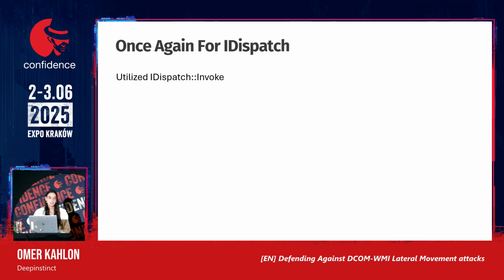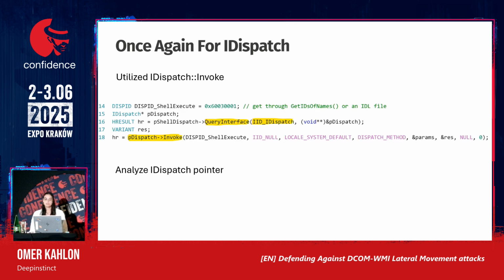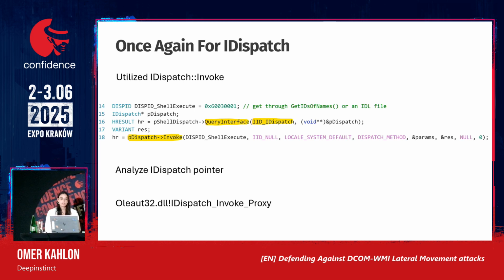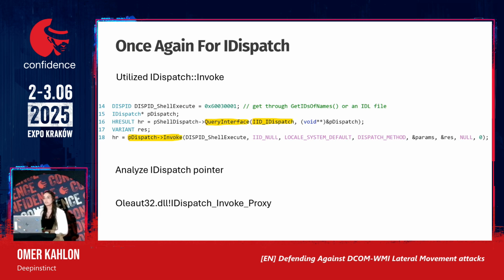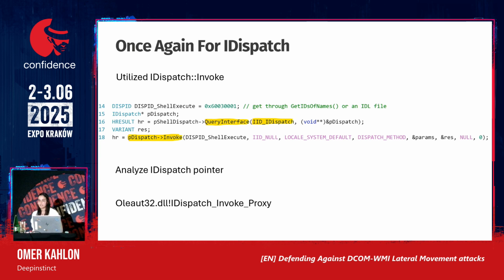We first implement a use of IDispatch::Invoke, and then we use the pointer to IDispatch in order to calculate the method index inside the vtable and the Invoke method memory address. After we get the Invoke memory address, we can use WinDBG again, and we learn that IDispatch::Invoke points to the internal API called IDispatch_Invoke_Proxy.